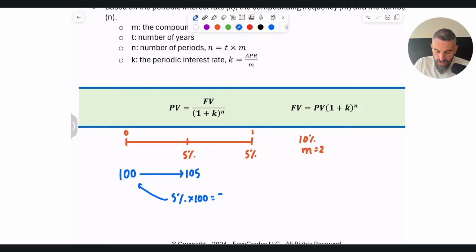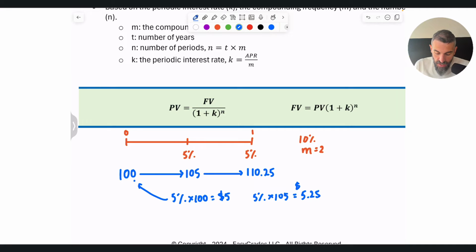So now you have $105. Great. 6 months later, the same thing happens, except now you're gaining 5% on $105, which is, I think, $5.25. You see? You're gaining more, so now you have $110.25.